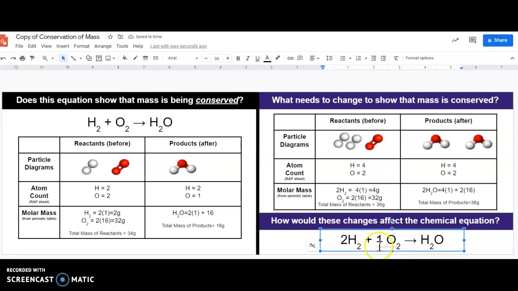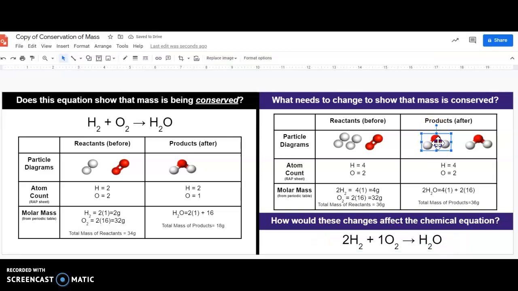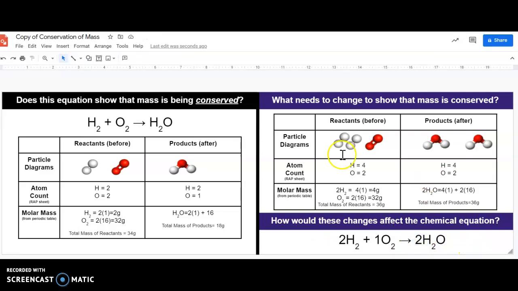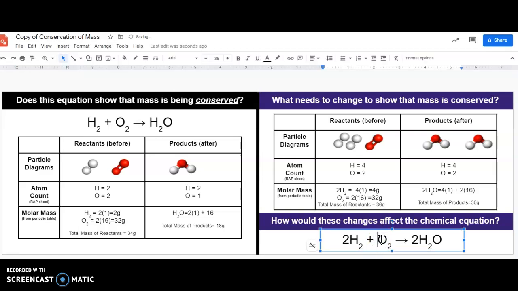This is a total of 2 oxygen. And then H2O, there's 2 water molecules. That means there's technically 4 hydrogen total and 2 oxygen total on the other side. That's our balanced equation. And again, you don't need to write the 1, just if it's more than 1, then you write it.